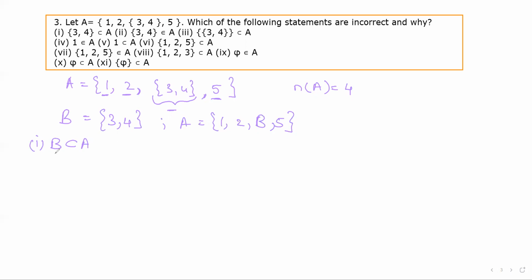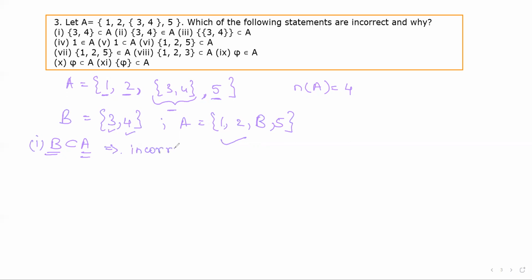Now, for a subset, you should have a set on the left-hand side and a set on the right-hand side. B is a set of elements 3 and 4. A is a set of elements 1, 2, B, and 5. Now, are the elements 3 and 4 present here as elements? No, they are not present over here. So, elements of B are not present in A. That's why this is incorrect.